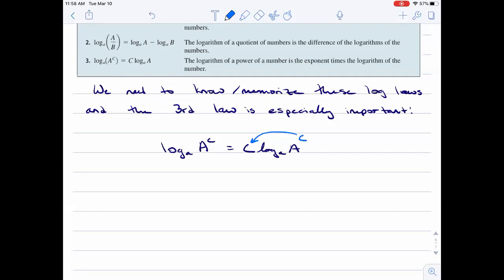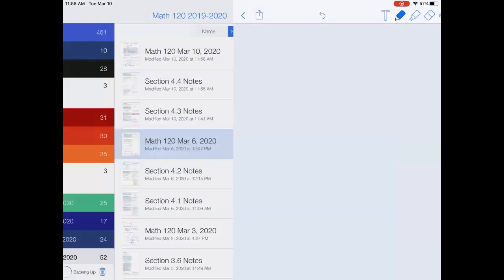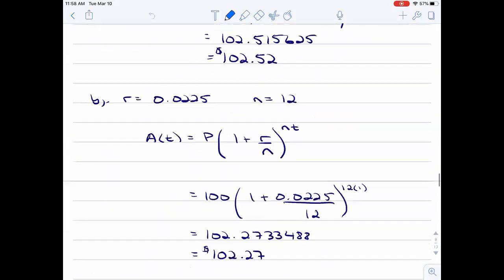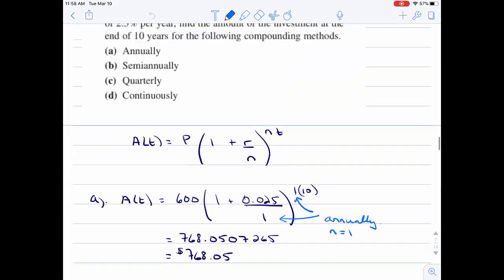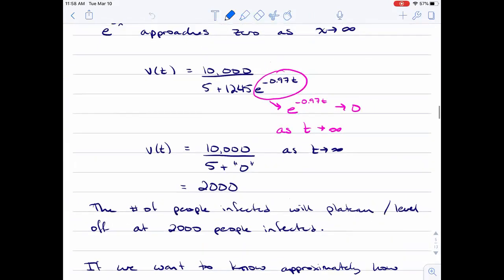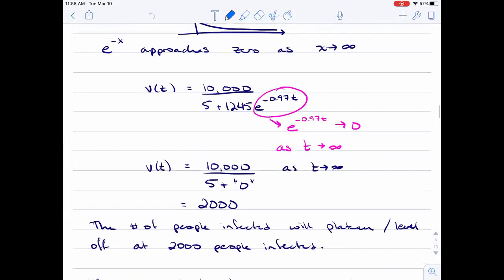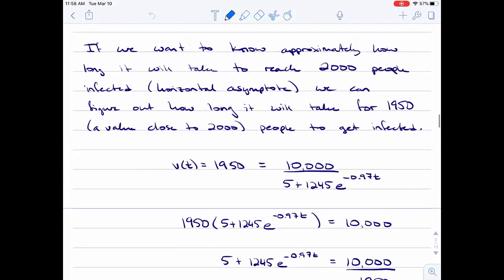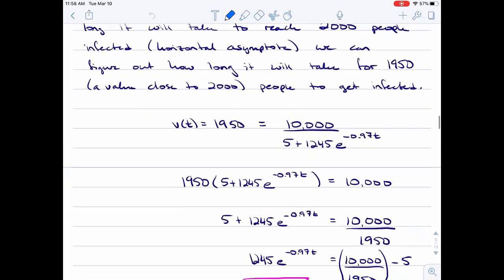Where we said, okay, well, how long is it going to take for this population to grow to some amount, right? Not an unreasonable thing to want to solve for. From last day, we were solving for the population growth, or the spread of a disease maybe.